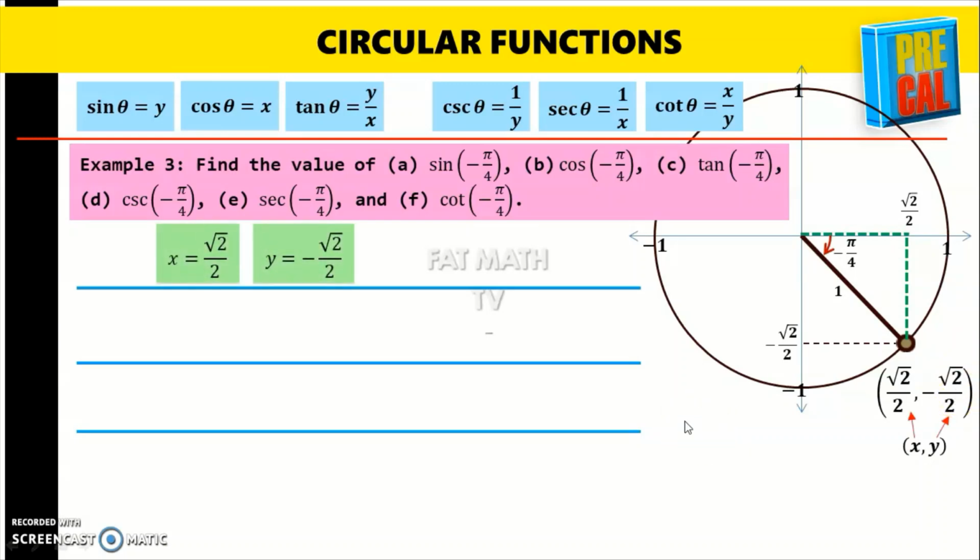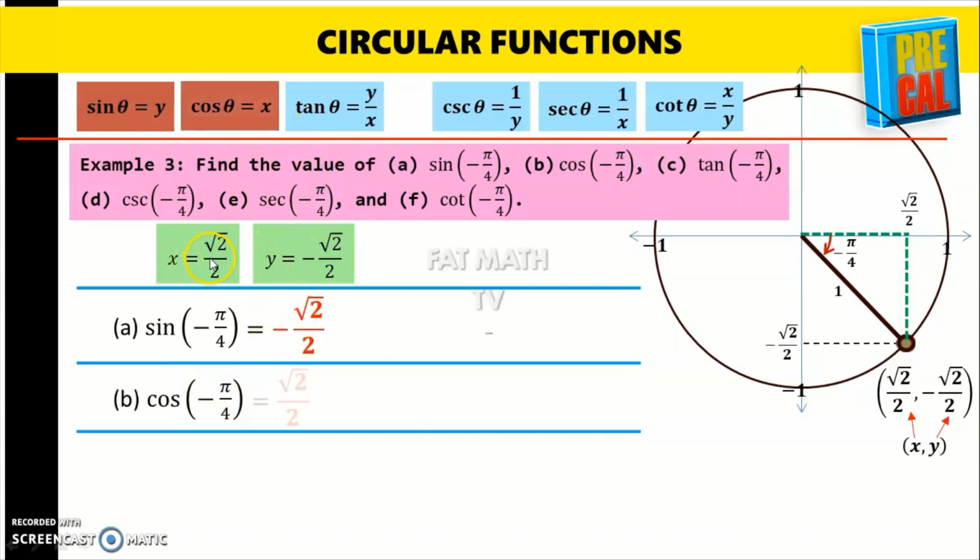So x is square root of 2 over 2, and y is negative square root of 2 over 2. Okay, let's now find the values of the 6 trigonometric functions of the angle negative pi over 4. For sine, it's just the y, and y is negative square root of 2 over 2. So that's it. For the cosine, it's the x.